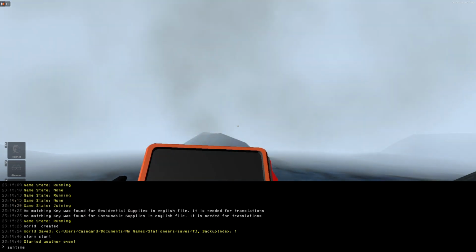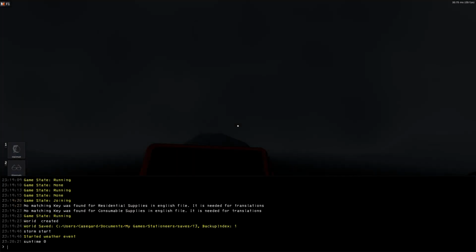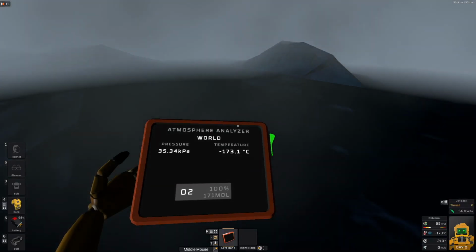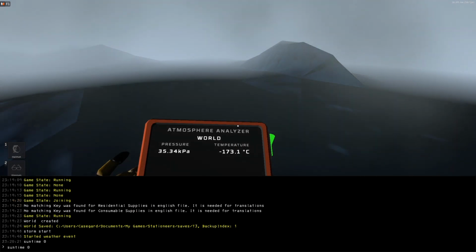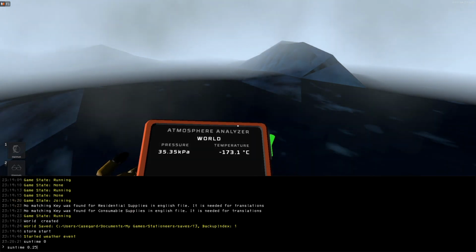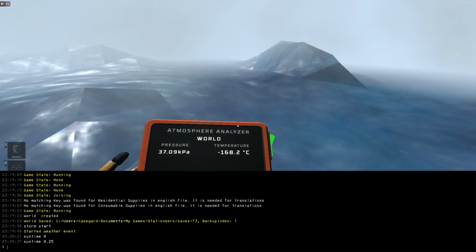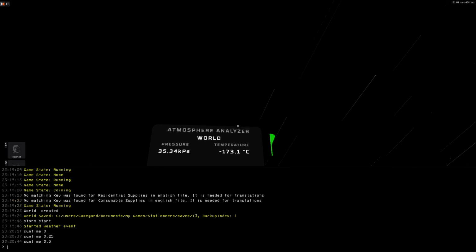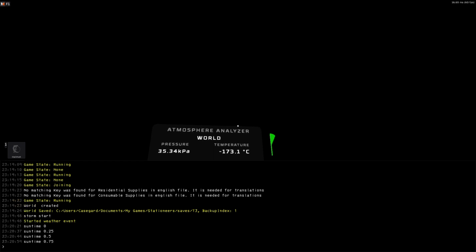So if you have a sun time of 0, this means sunrise. Let's turn on the tablet so you can see. So we have the sunrise. If we put 0.25, we have noon, and as you can see, the temperature is already changing. 0.5 means sunset. 0.75 is midnight.